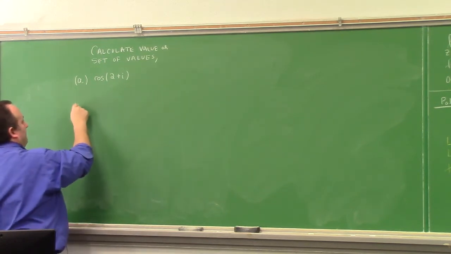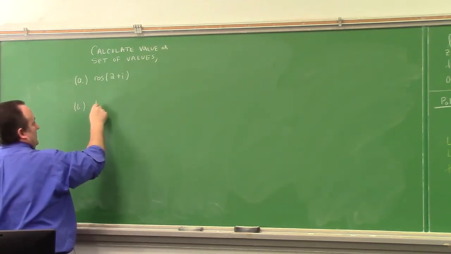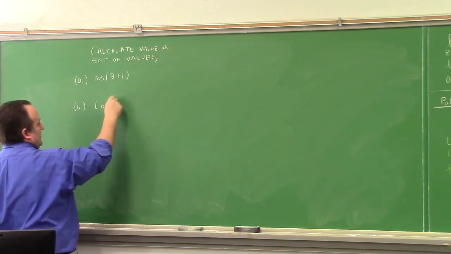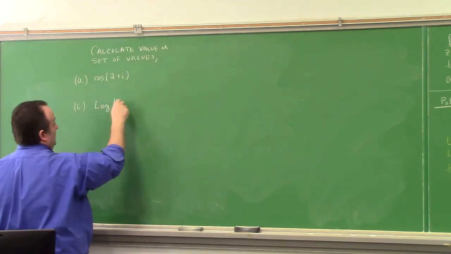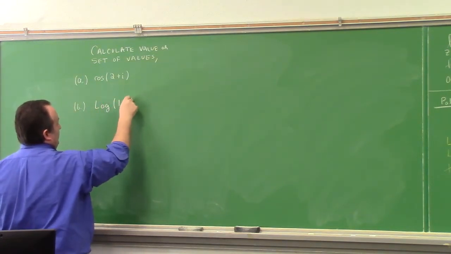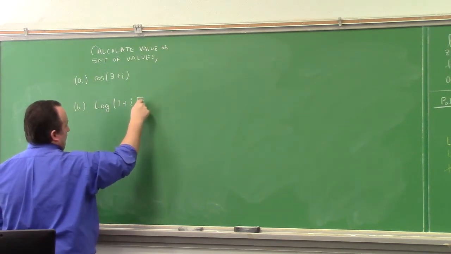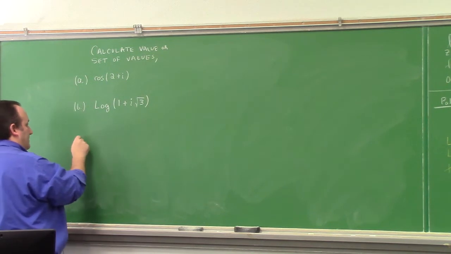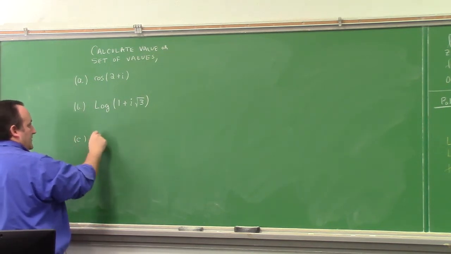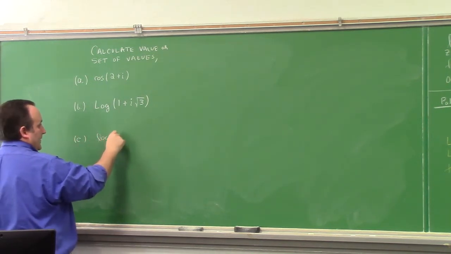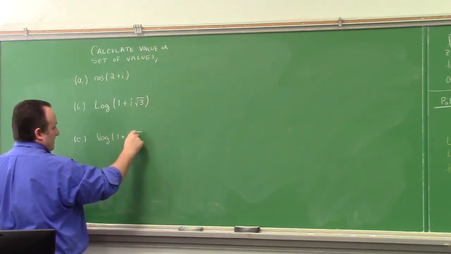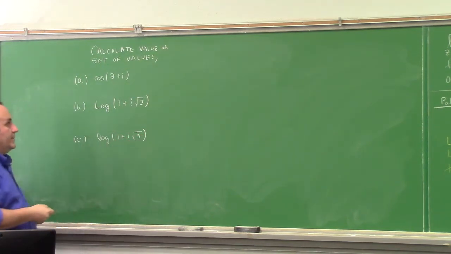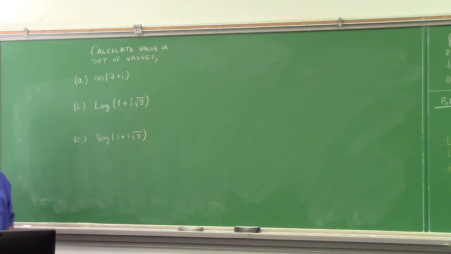B, log of, say, 1 plus i root 3. C, little log of 1 plus i root 3. So let's start out with the cosine. How would we calculate that?